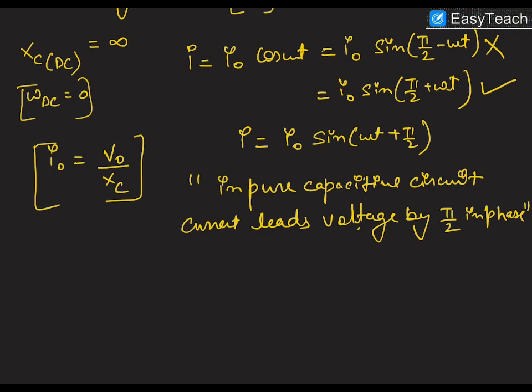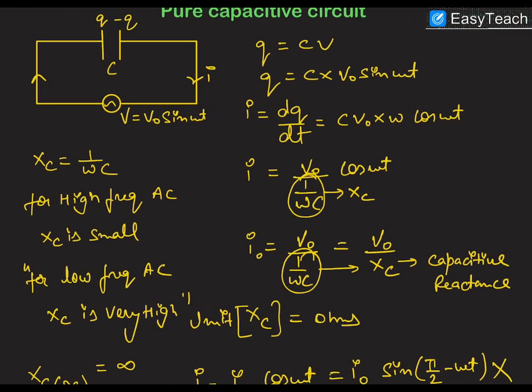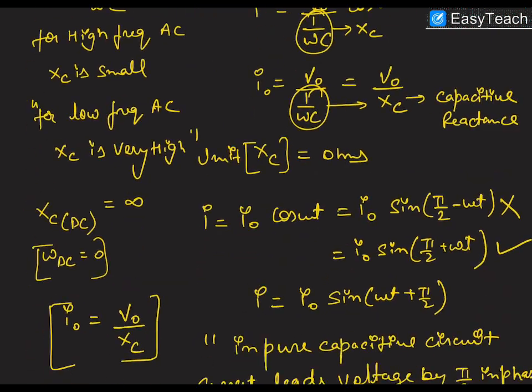And if we draw the phasor diagram, we always draw it at t is equal to 0. So at t is equal to 0, the phase of voltage, which was omega t, was 0.